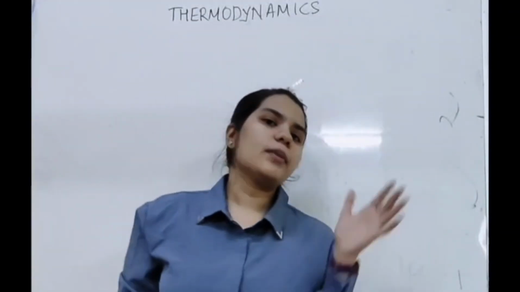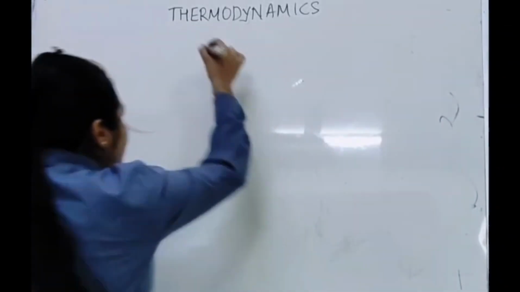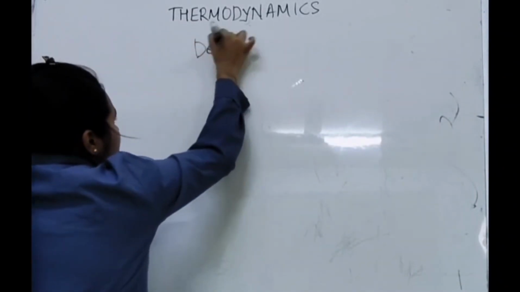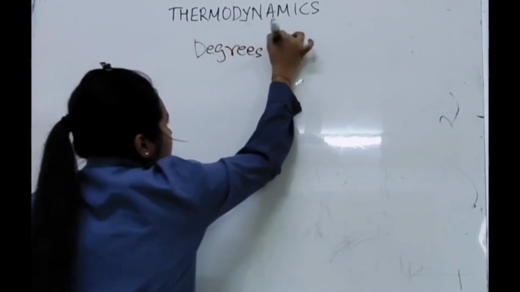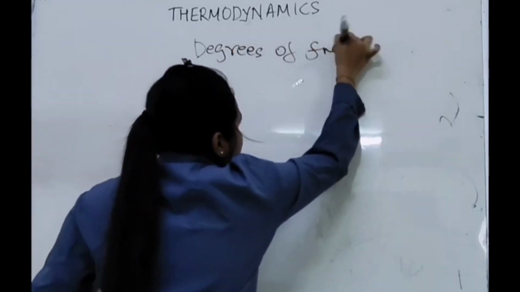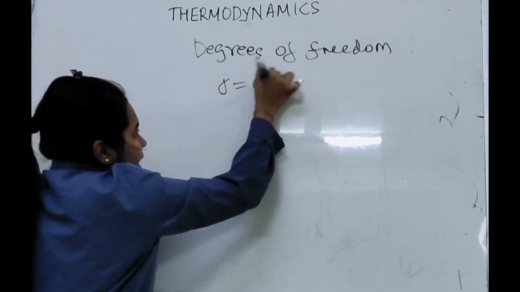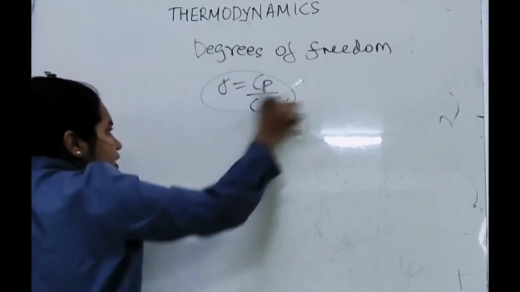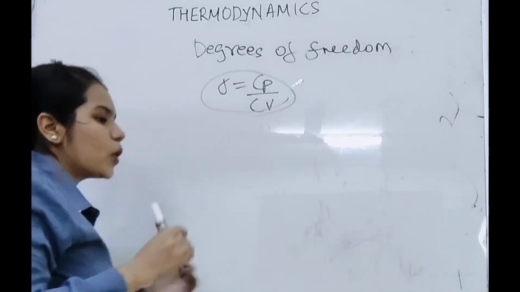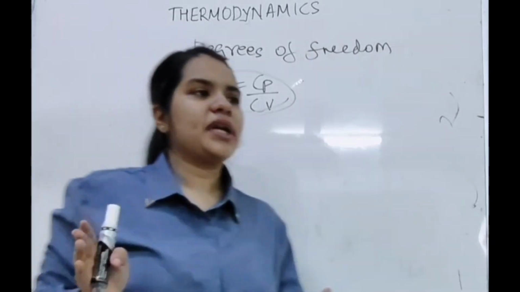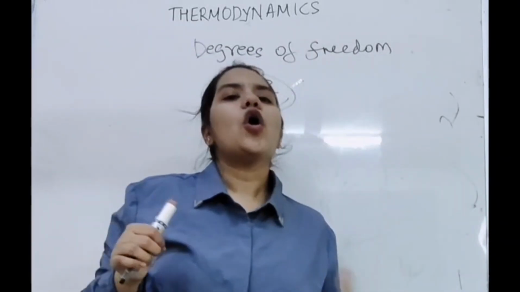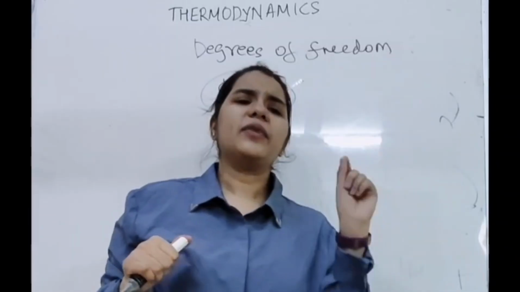Okay, let's do some degrees of freedom. Say gamma equals Cp by Cv. We know this relation. But for monatomic gas, diatomic gas and triatomic gas, the degrees of freedom are different.